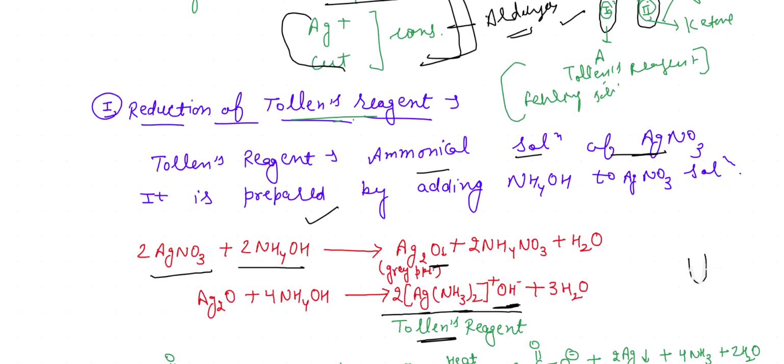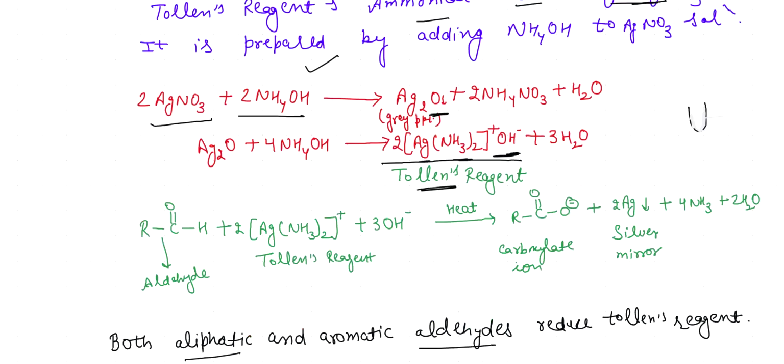So how does it react with aldehyde? This is aldehyde. The R group may be any aliphatic group, CH3, or any aromatic group. It may be a phenyl ring, such as benzaldehyde, or acetaldehyde, CH3CHO. You can take any kind of aldehyde, aliphatic or aromatic.